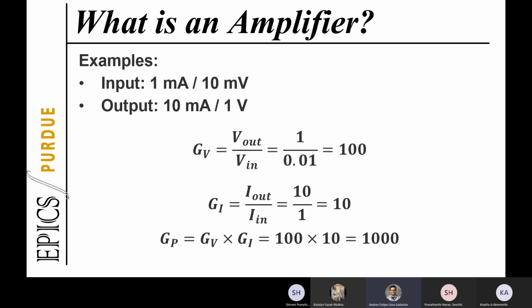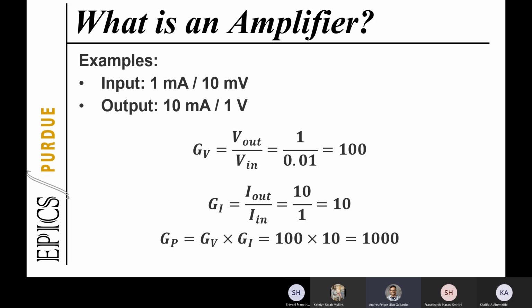Let's consider a system where our input is, for example, 1 milliamp at 10 millivolts. And this system is amplifying so that the output has a current of 10 milliamps and 1 volt.